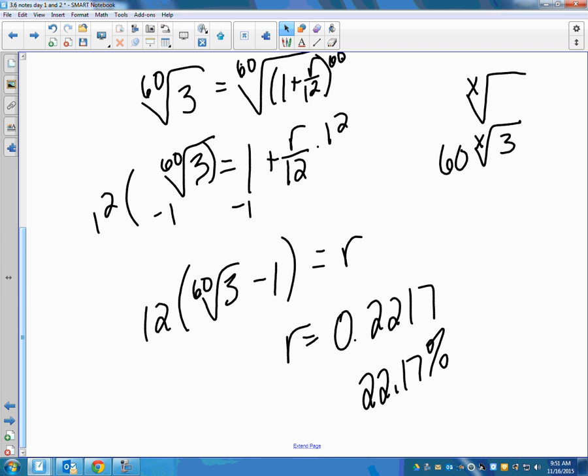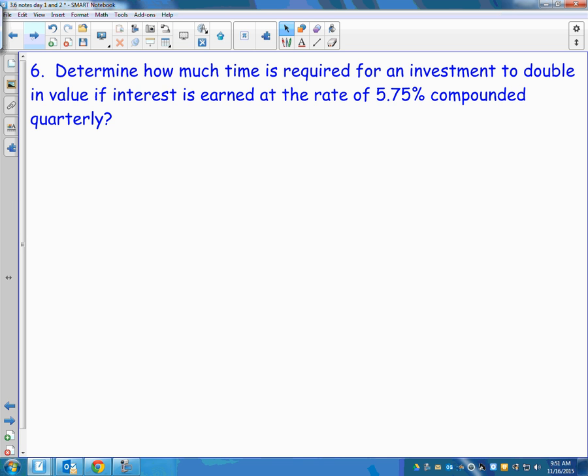Question on that? Anybody can check it out? All right, so what? Determine how much time is required for an investment to double in value if interest is earned at the rate of 5.75%. Again, quarterly, I mean, the only time I would use the first one is if it says compounded continuously.